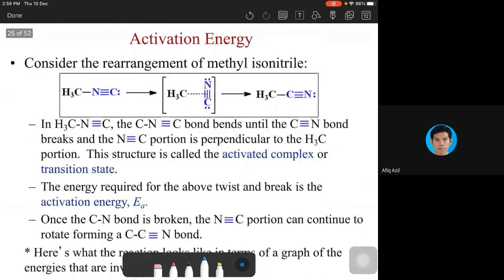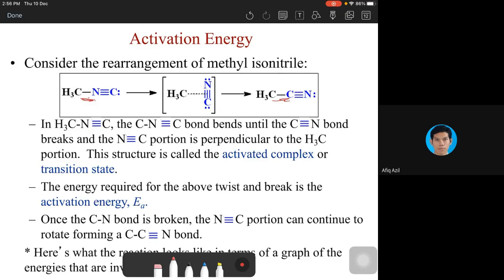Let's say using this example of the rearrangement reaction for methyl isonitrile. The starting material has the carbon bonded to the nitrogen, which is this way, and in the product you have a C-C bond instead of the carbon bonded to nitrogen.